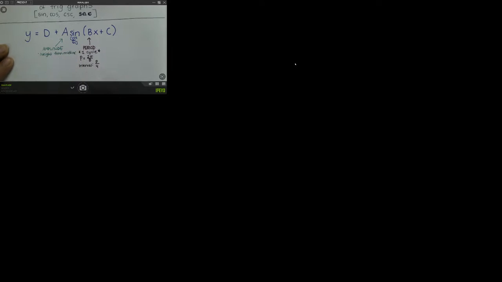Okay, so again, if we take out this graph, it would be like just going up and down. It's a bigger one, a vertical stretch or compression, where the period is a horizontal stretch or compression. I should probably have written that.